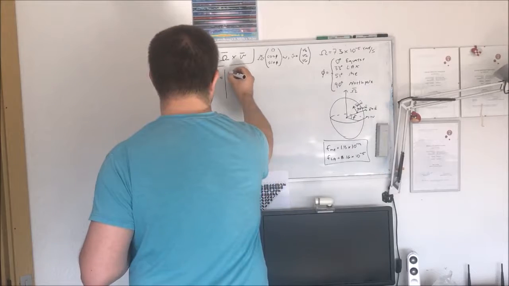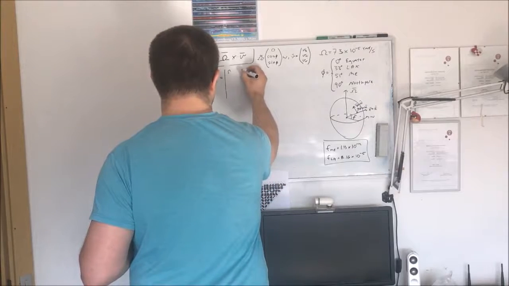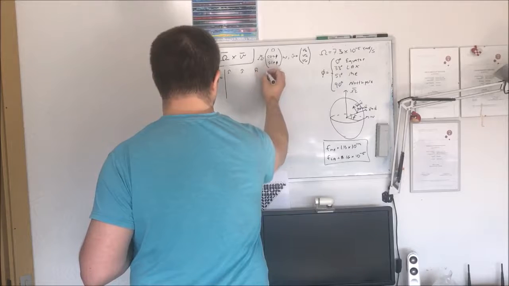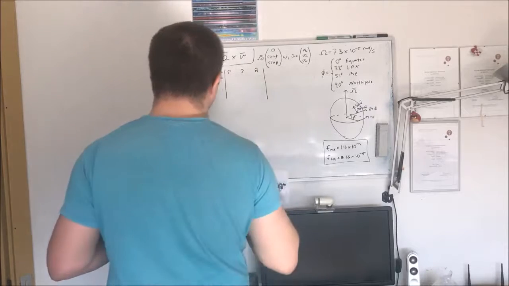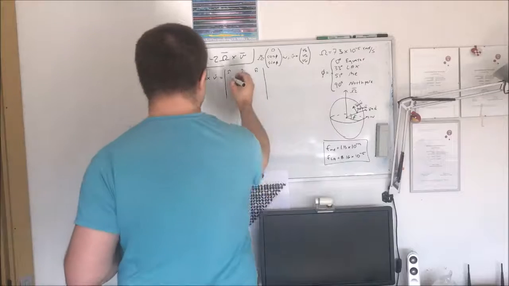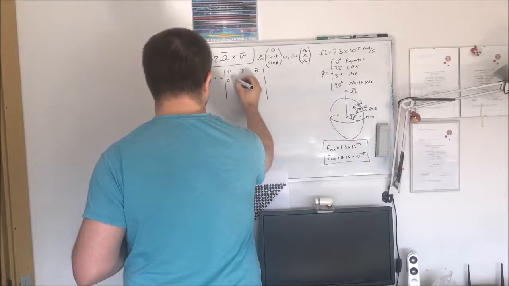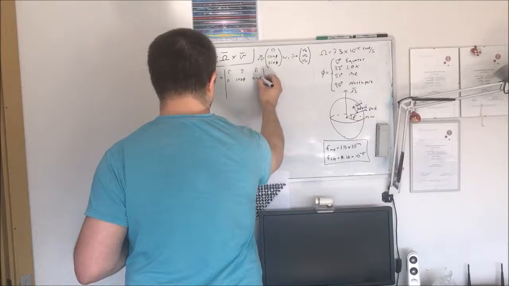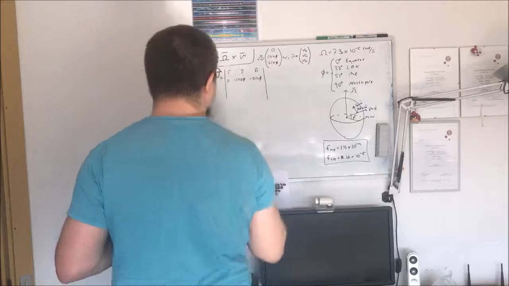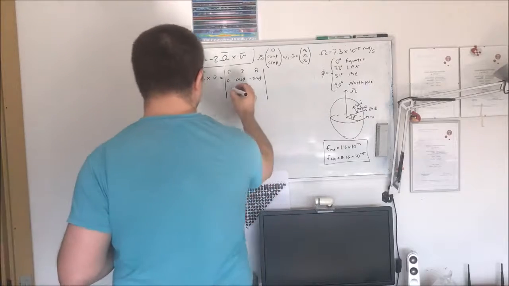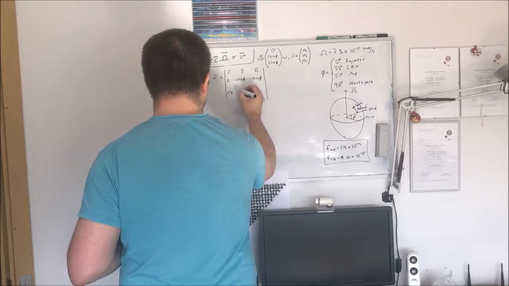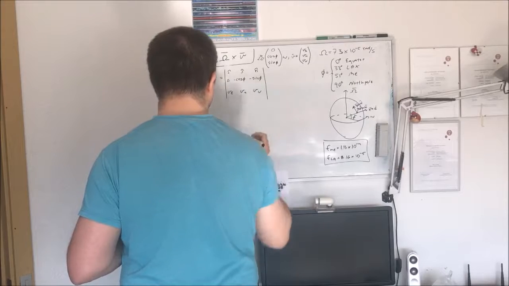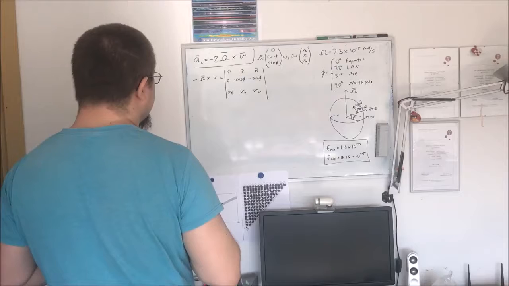We put in I hat, j hat, k hat, and then we put in the values, so we get 0, cosine phi, sine phi, but remember the minus, it's minus. For v, we put in V east, V north, V up. And then we do the same as we did before.